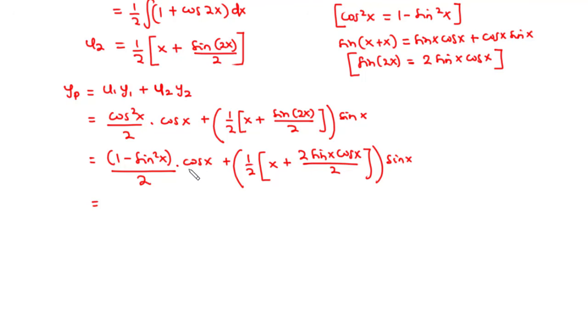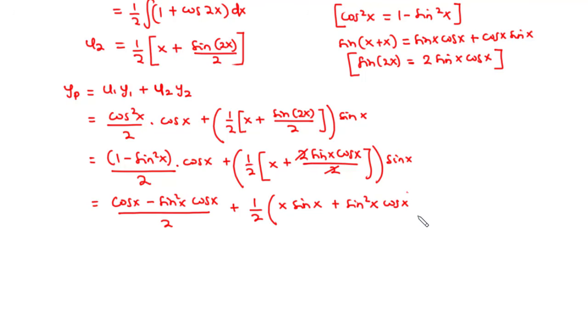Here we multiply cos x across to the left, so that becomes cos x minus sin square x cos x over 2, plus, here you can cancel out the 2, so that you have 1 over 2 on the outside, and then you multiply sin x across, so you have x sin x plus sin square x cos x.